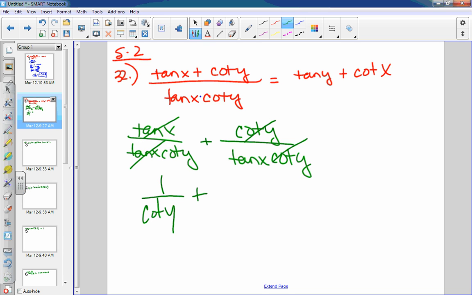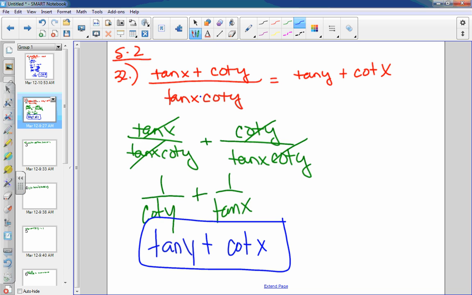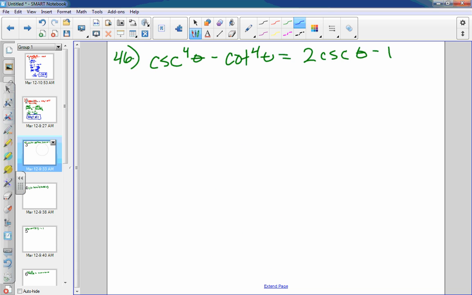The cotangents cancel out, and I'm left with 1 over the tangent of x. Well, tell me, what's 1 over the cotangent? It is tangent of y. What is 1 over the tangent? Cotangent of x. Which, guess what, folks? That's what we wanted, right? Okay, we good? Okay, let's keep going.